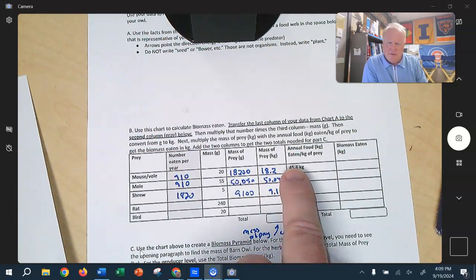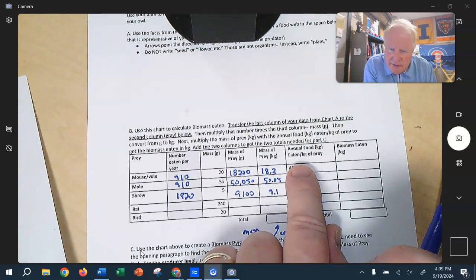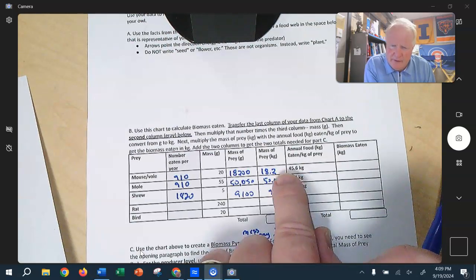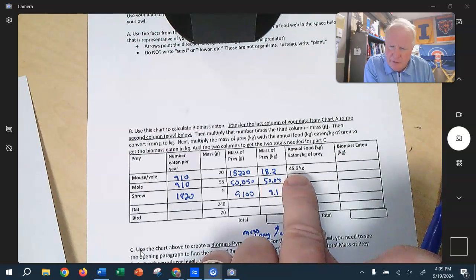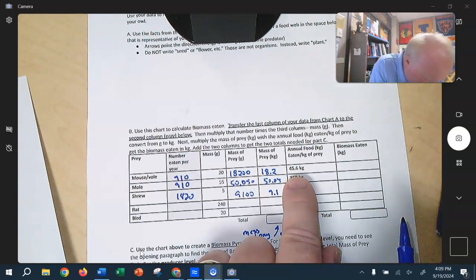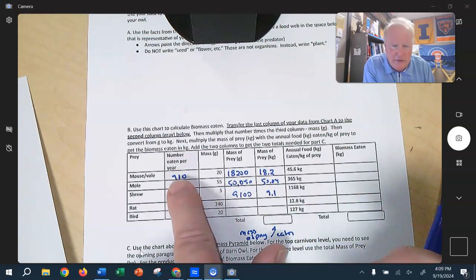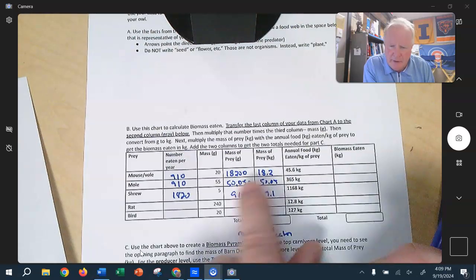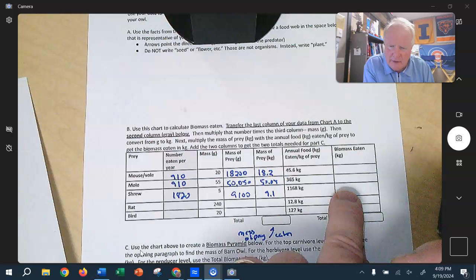Okay, so we have this number that is the average amount of food eaten by the prey per kilogram, and that's this number right here. So if we multiply 18.2 times this 45.6, we'll get how much these mouses eat in a year. And we can do the same thing with this number times this equals that, and this times this, and get that.